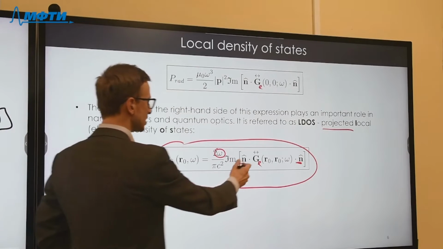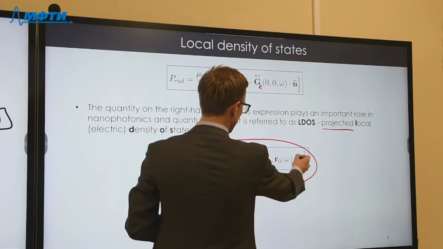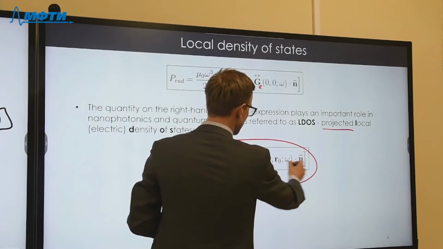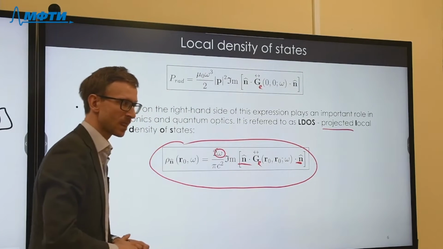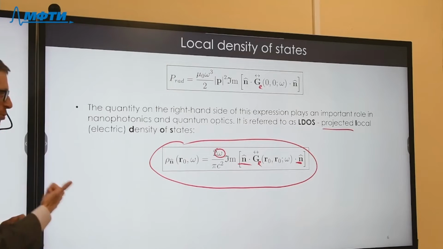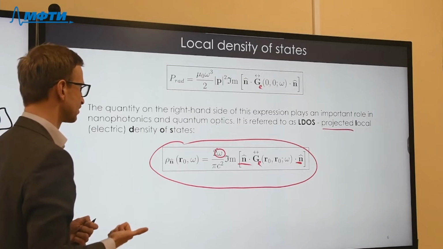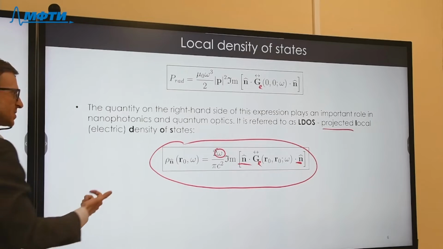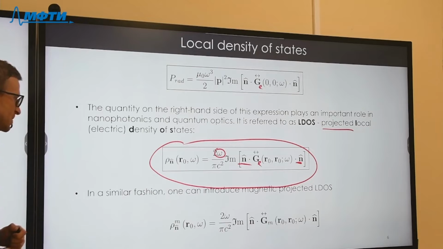Well, because this Green's tensor gets projected onto our unit vector n. And so we do not calculate the full density of states, we calculate the projection of this thing onto the direction determined by our source that we are considering at the moment. So now why is it the density of states? Why is it DOS? What is density of states?